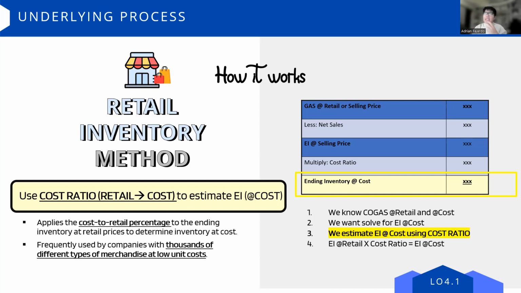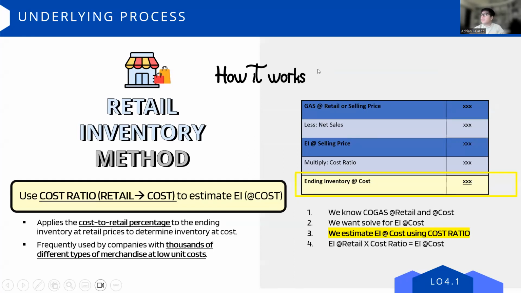So the idea lang here is that since hindi natin maalam paano mag-estimate, we will use everything at retail. So we're going to go through the cost flow using the retail prices, meaning the selling prices. And then we have to find a cost ratio, meaning how do we turn our retail prices back to our cost? And then, using that, we'll be able to get our ending inventory at cost.